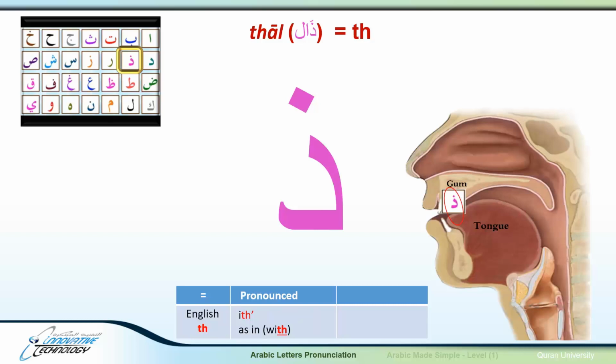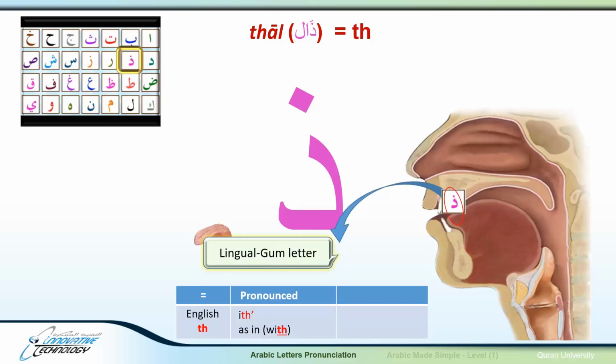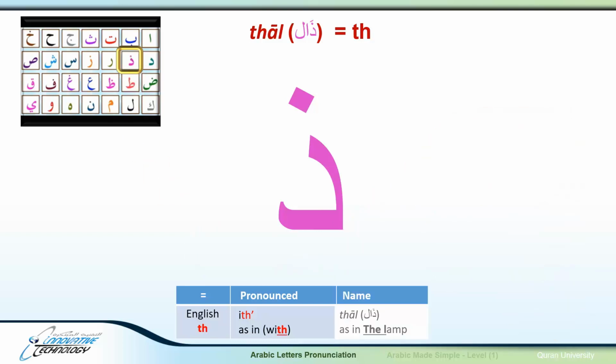And according to the articulation point, we classify the dhal as a lingual gum letter. The name given for this letter is dhal. Say the lamp and then remove the amp. In short, it is pronounced th and is named dhal.